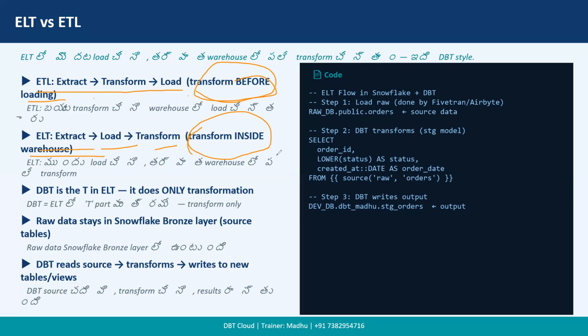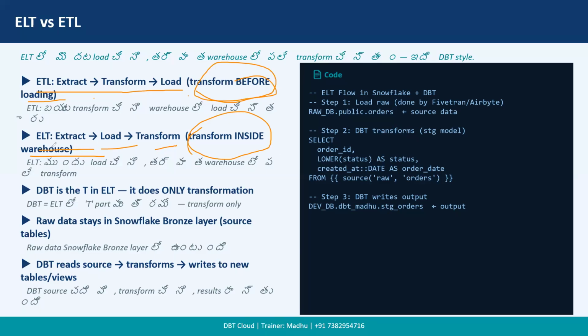Not only the Snowflake warehouse, we also have Redshift, BigQuery, and other data warehouses. After loading data into the warehouse, we need to connect with DBT, then we do the transforms.